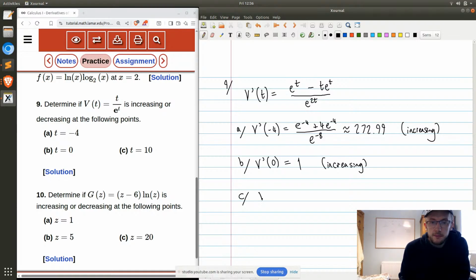And then for 10, e to the 10 over e to the negative 20, with 10 in that spot and 10 in that spot, and we get something like that.